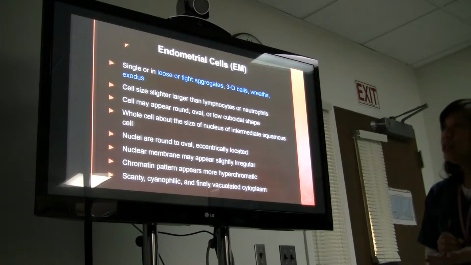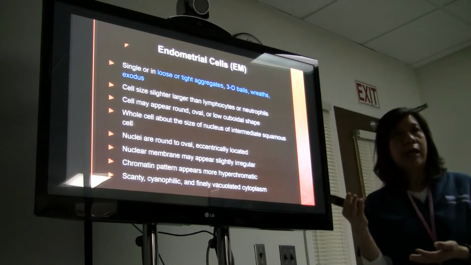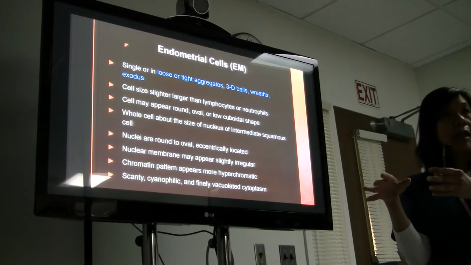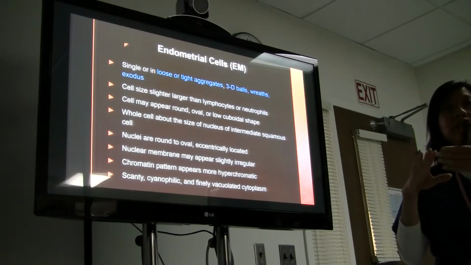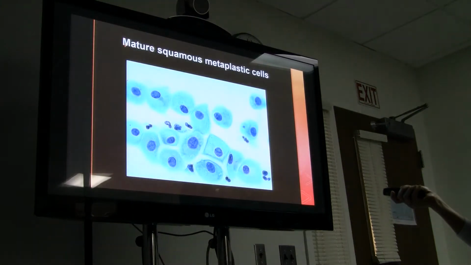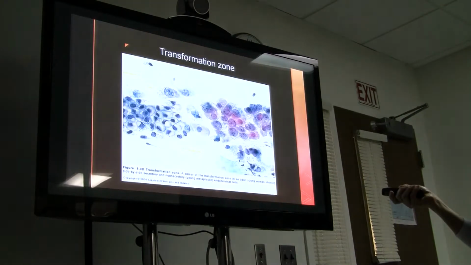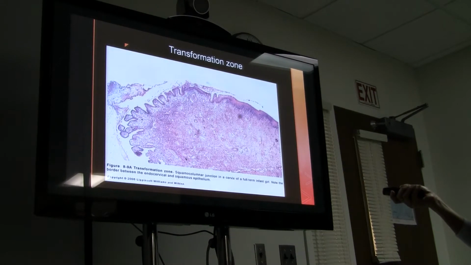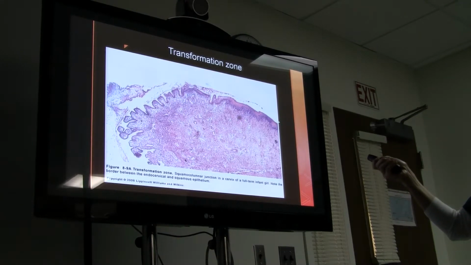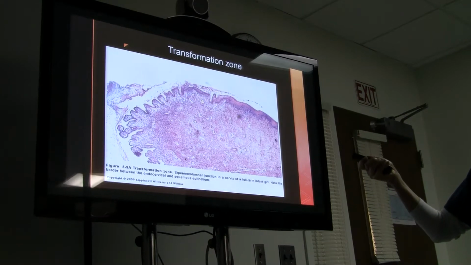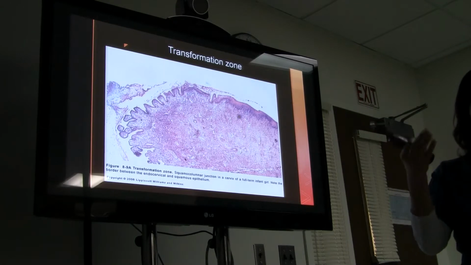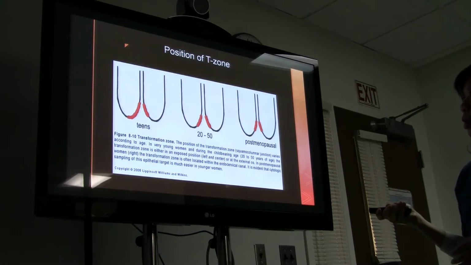Okay, endometrial cells. These are the cells higher in the endometrium. So now we have passed the outer cervix, where you see squamous cells, the T-zone. Anyway, we're moving on from the outer cervix, into the T-zone, into the endocervical gland, as we go higher up into the uterine endometrium.